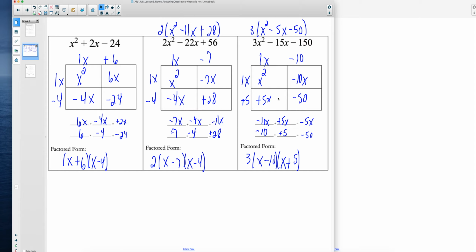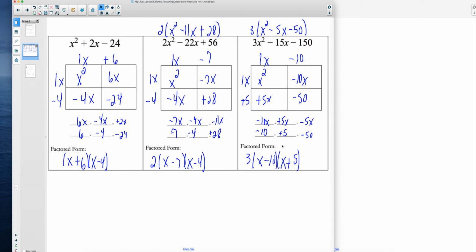So we're going to drop those two terms in here. Our GCF in that first column is 1x. Now, once again, you see that both signs are negative here, so we're factoring out the negative, and then the greatest common factor of 10 and 50 is 10. First row, GCF is 1x, and in our second row, it would be a positive 5. So our final version here would be 3 times x minus 10 times x plus 5.